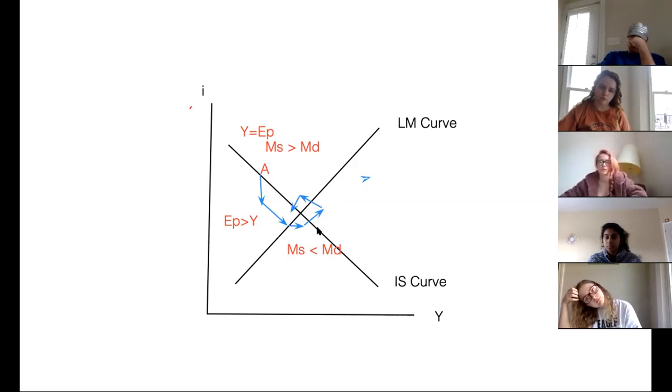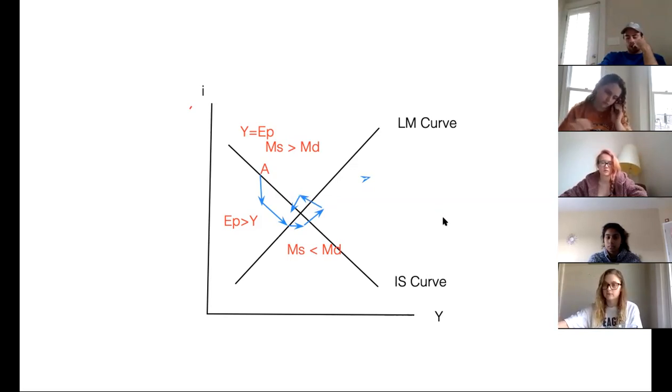So compared to this point right here, higher interest rates, lower EP. So at this point, Y is greater than EP. That's a recessionary gap, and that's going to cause GDP to fall. Gotcha. Okay. Again, the best way to do this is not to memorize the cases. It's to understand the situation so that you can replicate it as needed.